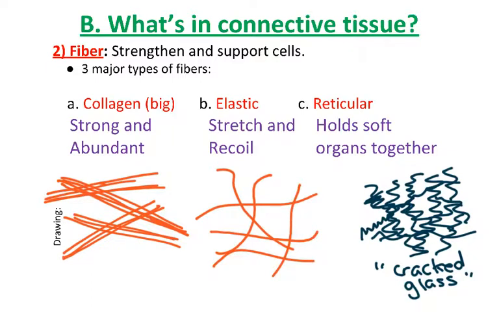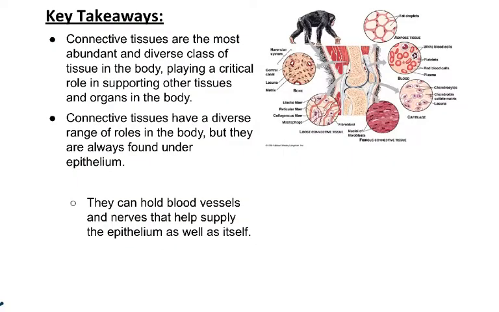All right, that concludes the lecture. Our key takeaways here: connective tissues are the most abundant, commonly found, and diverse tissue class in the body, compared to your muscle tissues, nervous tissues, and epithelial tissues.